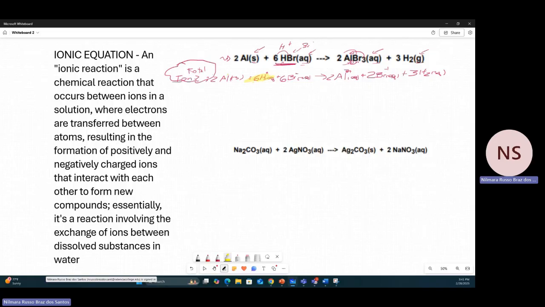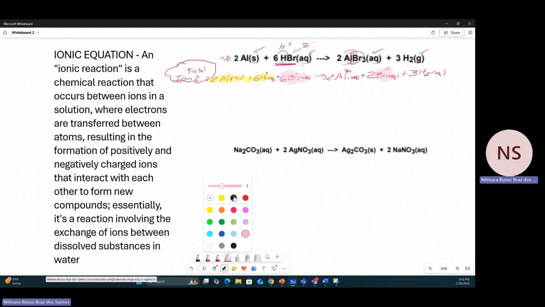Aluminum is also by itself on this side, and doesn't appear on the other side. And what about bromine? Oh, bromine. Let's change the color here. Bromine is different. So bromine is over here and is over here, right? So we have a bromine, and something is wrong over here.